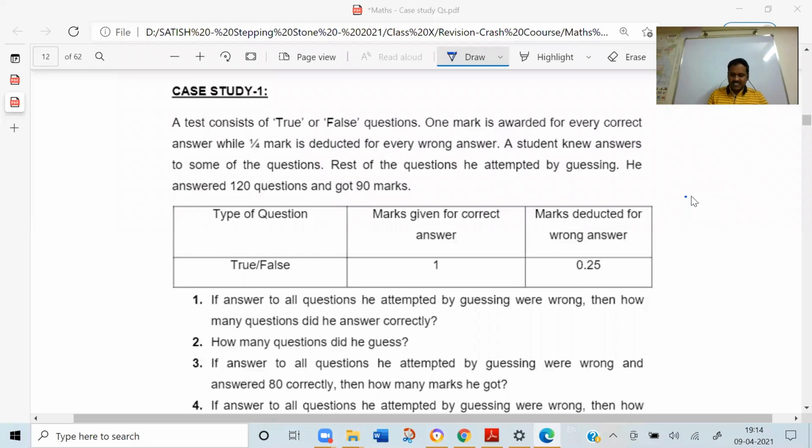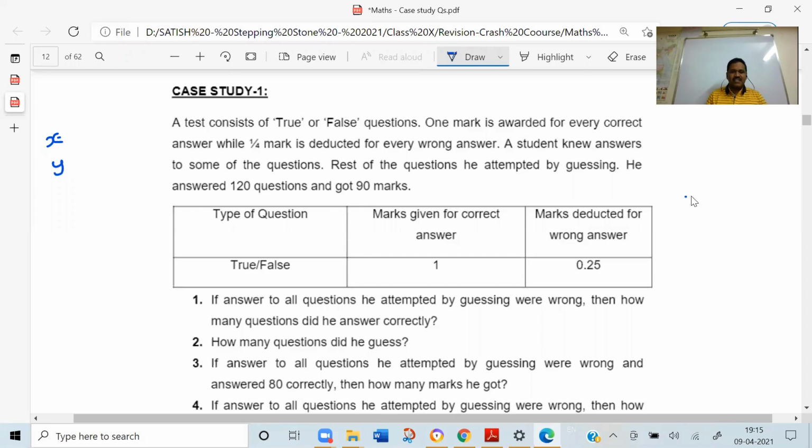Tell me the equations. Let us consider what we need to calculate: how many questions did he answer correctly. So let us assume that X questions are answered correctly and Y questions are wrong.